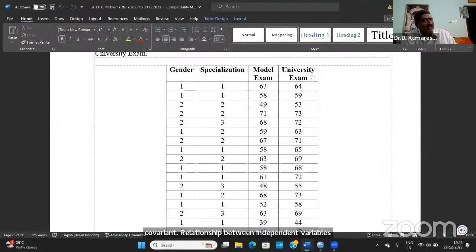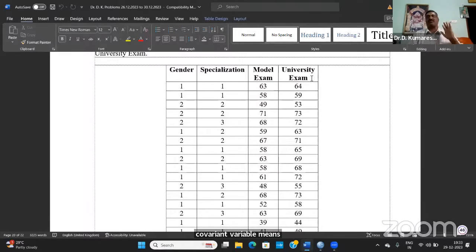So relationship between independent variables and covariate variable means the covariate variable is considered as dependent variable. But unlike in the case of MANOVA, the model exam is helpful to improve the performance of the students in the university exam. So we call it a covariate variable.